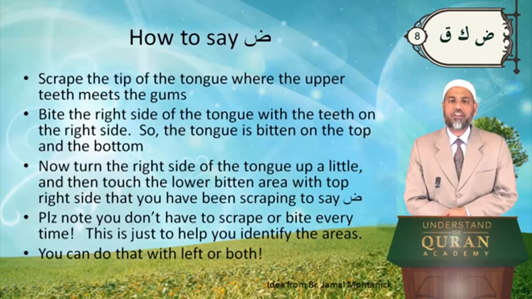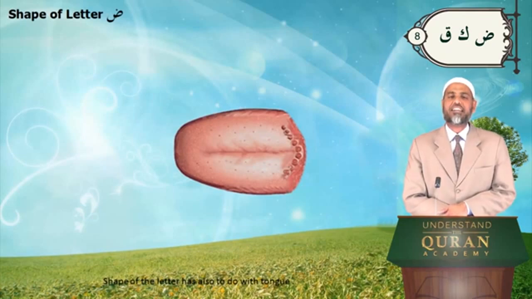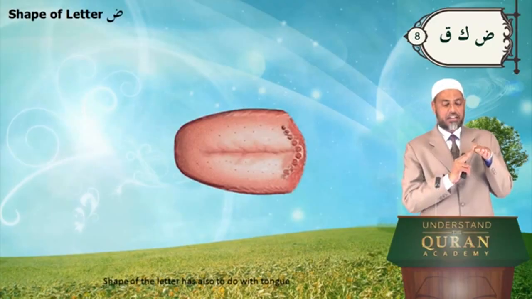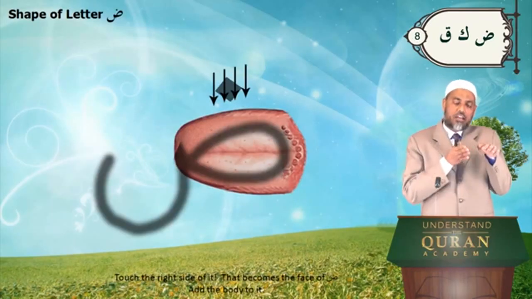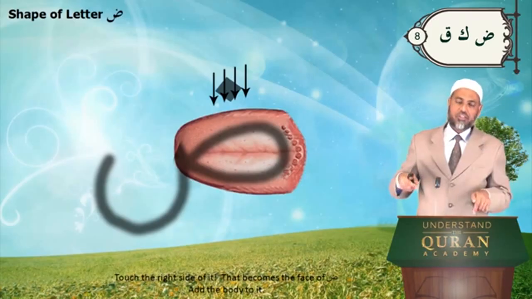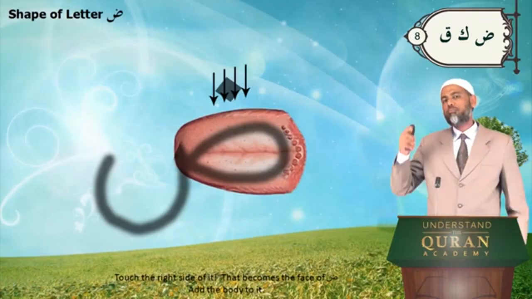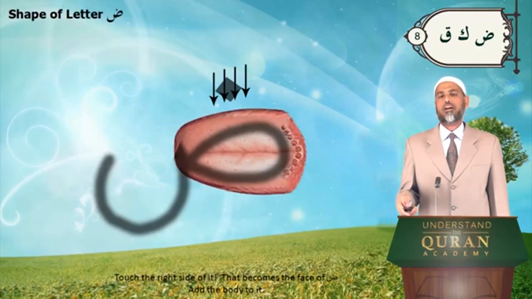So the shape of the letter Dad also has to do with our tongue. This is the tongue here, and you are using the right side of the tongue, a little bit to the lower side, touching there. I'm showing the area to be touched with the arrows, and that is our dot.